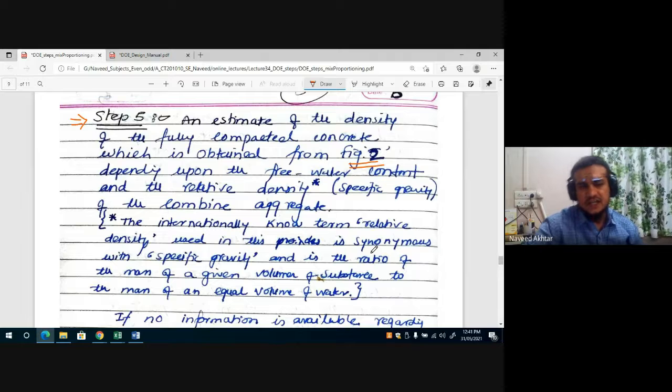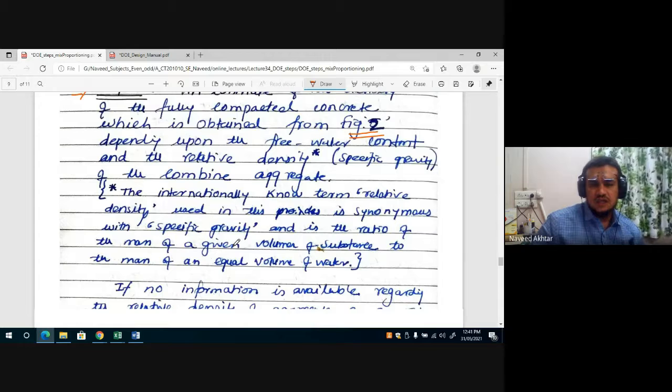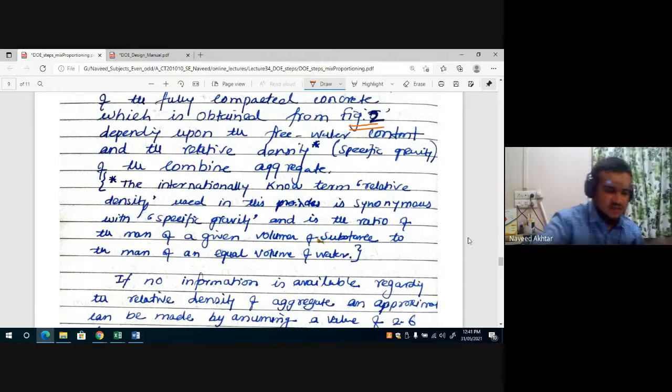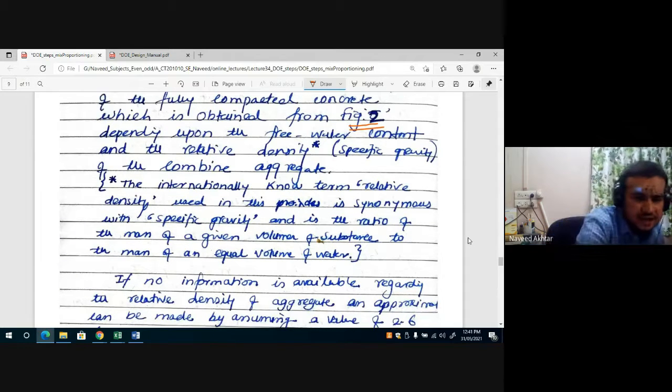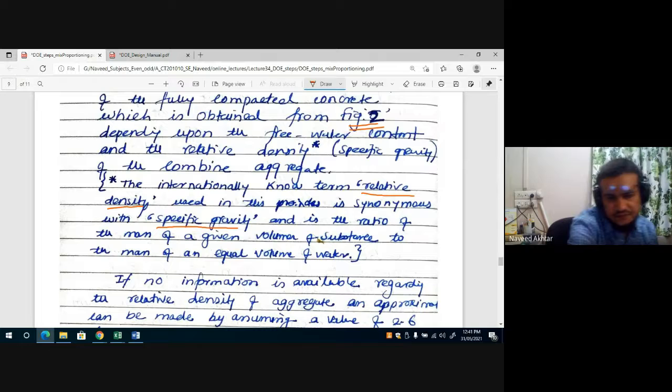The internationally known term relative density is synonymous with specific gravity. In India we generally use the term specific gravity.